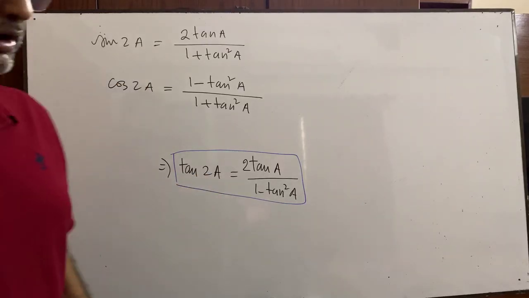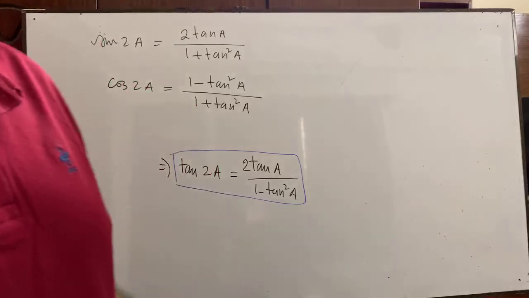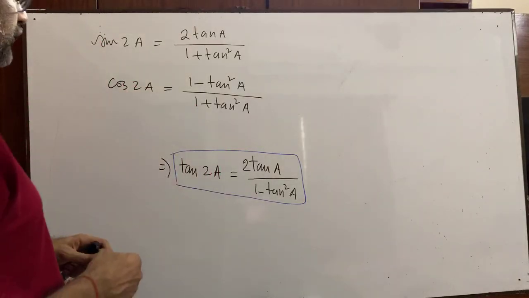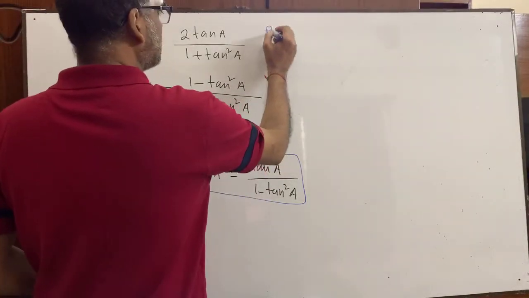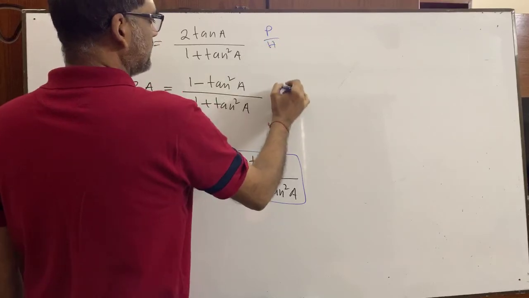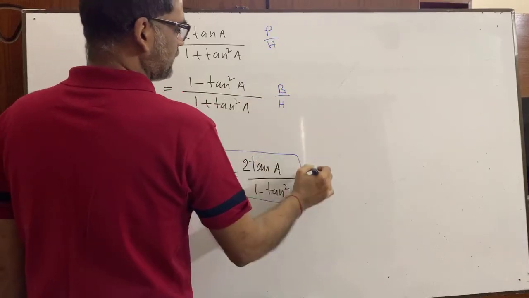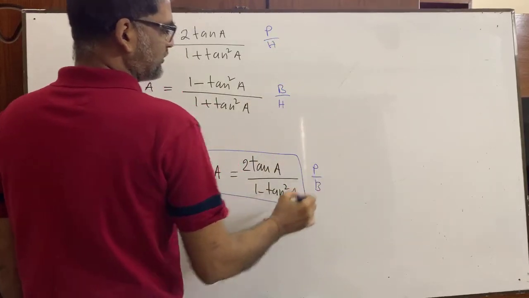Sin theta equals to what? Perpendicular by hypotenuse. Cos theta is base by hypotenuse. Tan theta is perpendicular by base. Okay, very good.